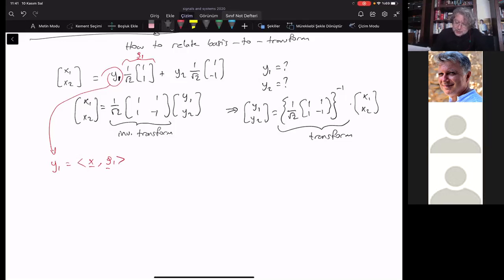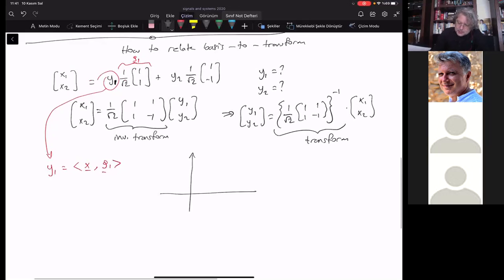Let me illustrate this on an example. So this is your signal vector x, and these two coordinate systems are the (1, 0) and (0, 1) coordinate systems. And I am rotating it by some amount and still obtain another orthonormal coordinate system. It may be 45 degrees or it may be different. Let's make it 45 degrees, like this.